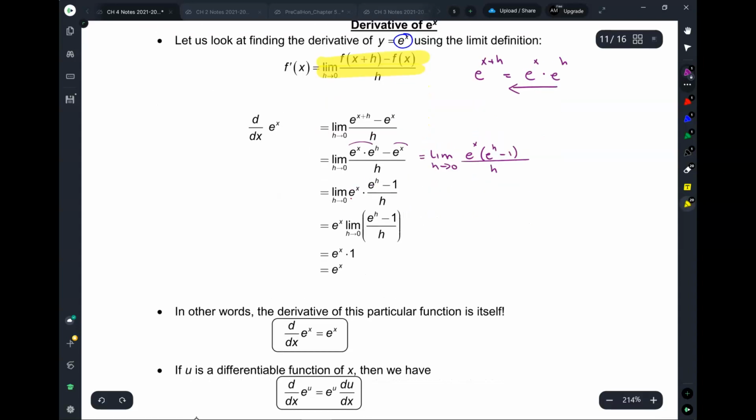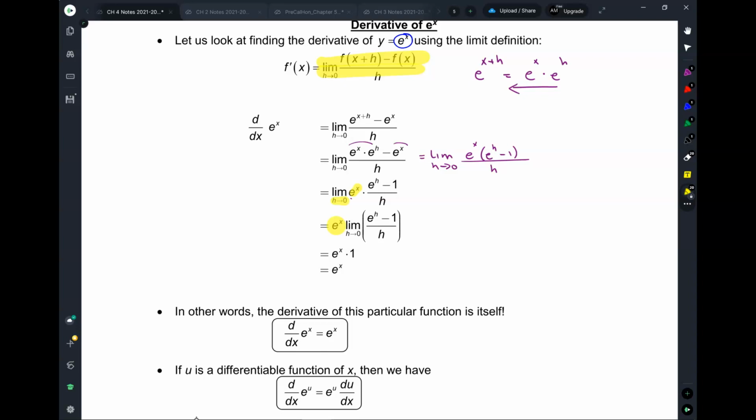Now, since h approaches 0, that limit only applies to terms with an h in them. So if e to the x does not have an h in it, we can pull it out. And it's just e to the x times the limit of whatever is left. Okay? Now here, as h approaches 0, this approaches 1, right? 1 minus 1 is 0 over this.